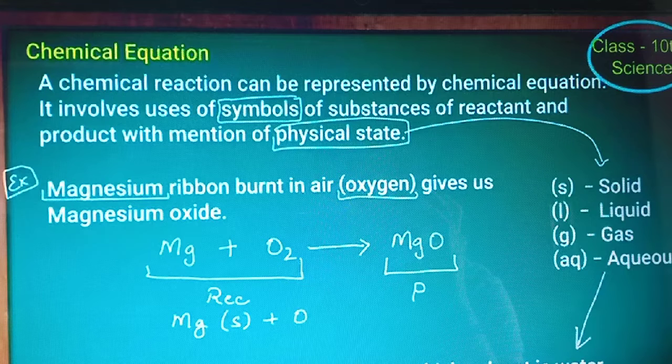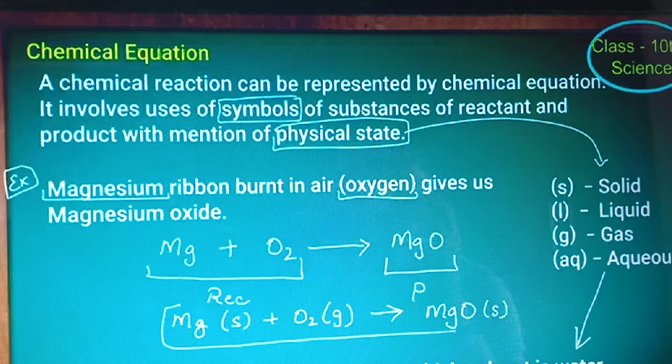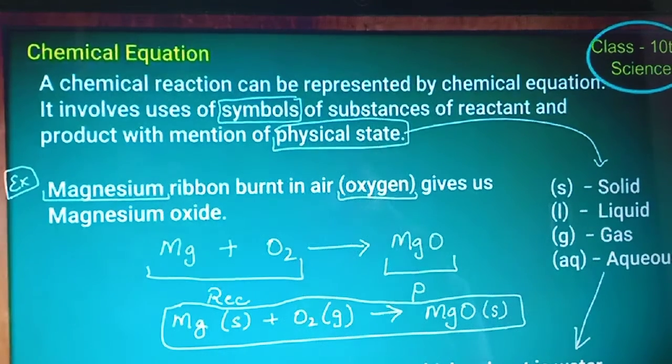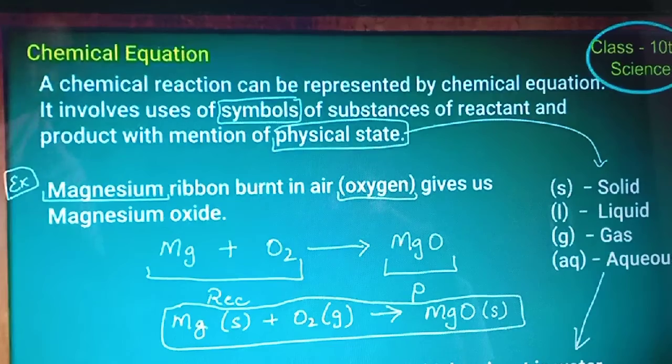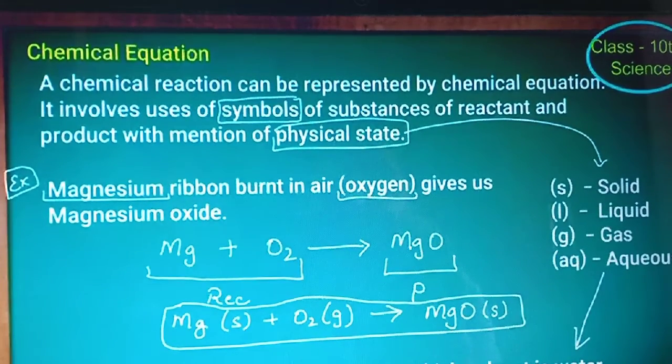Here you can see the magnesium is found in the solid state, so we denote it as S, whereas oxygen is in gaseous form, so we denote it as G. Whereas MgO, the magnesium oxide, is also found as a solid, so we denote it as S. While an aqueous solution means a solution in which the solvent is water. In that condition we use AQ in brackets.